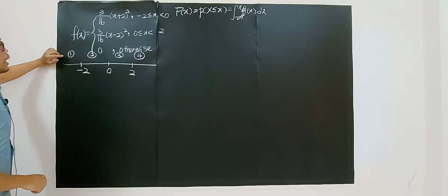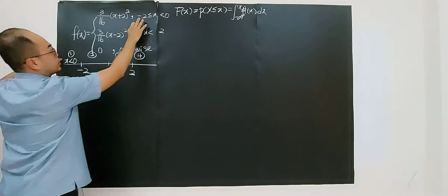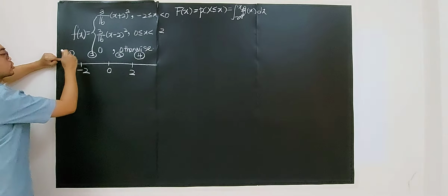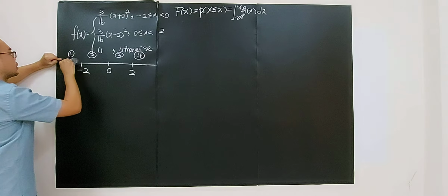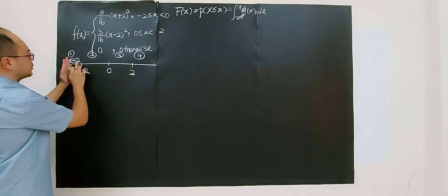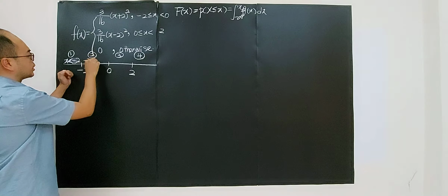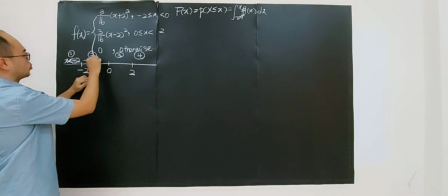This is where x is less than -2, before -2. After you pass through -2, immediately you put an equal sign.